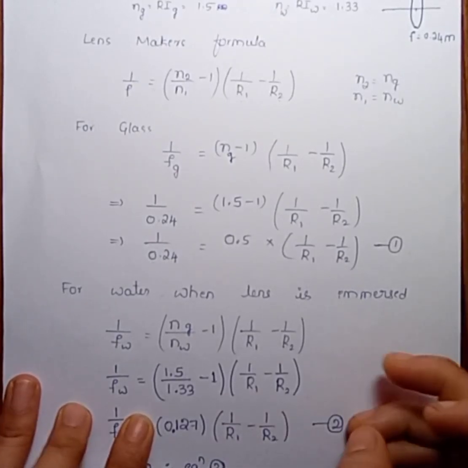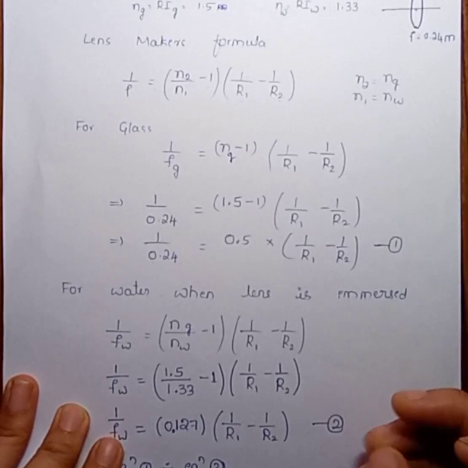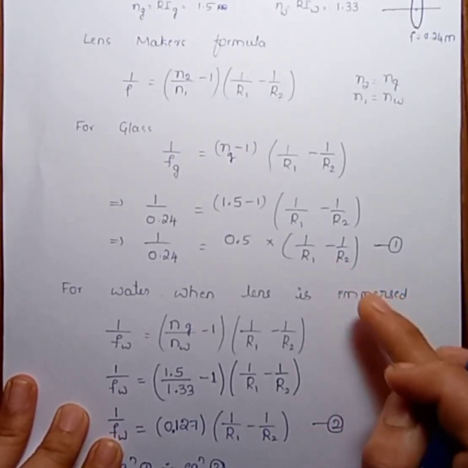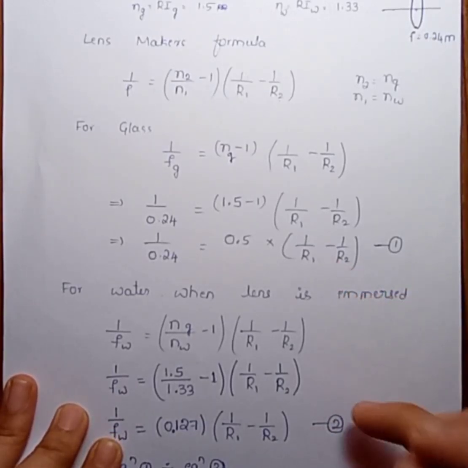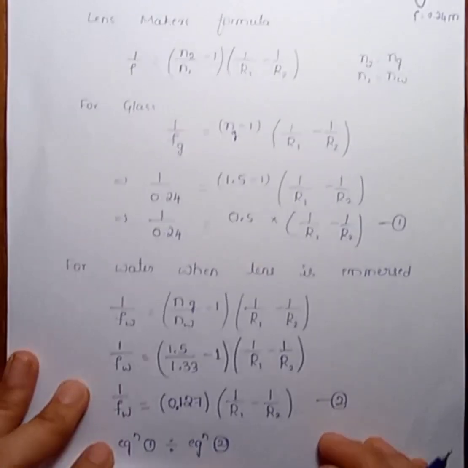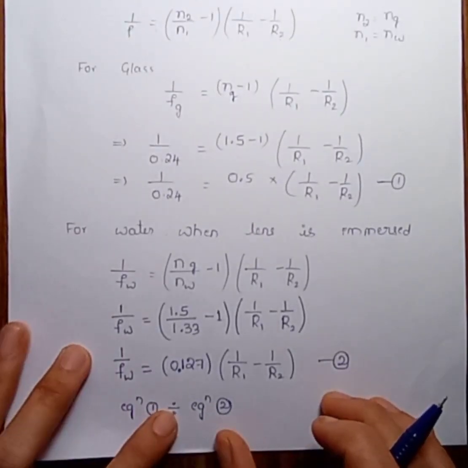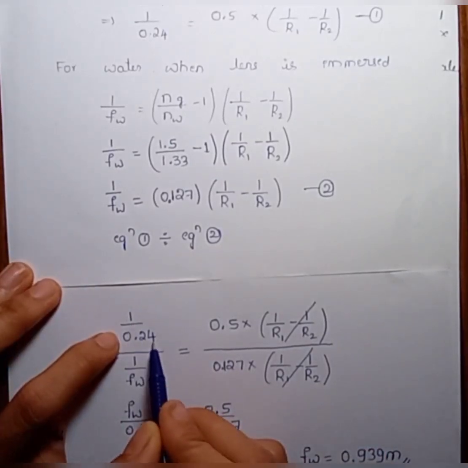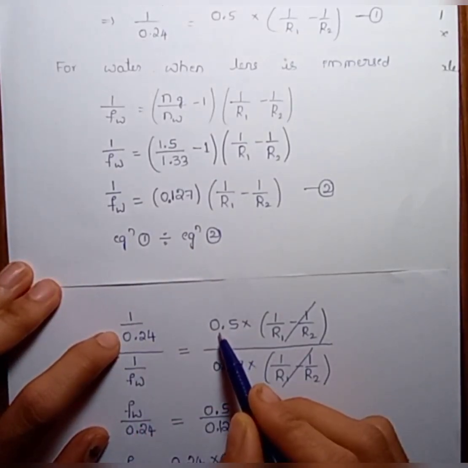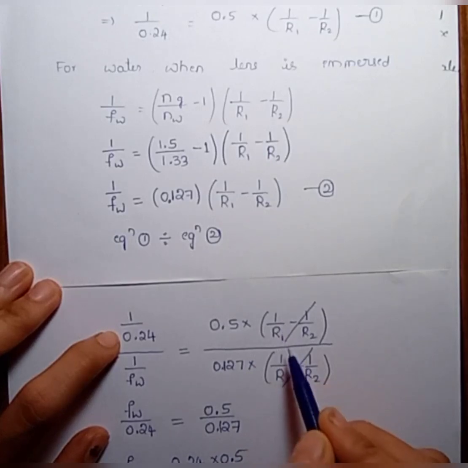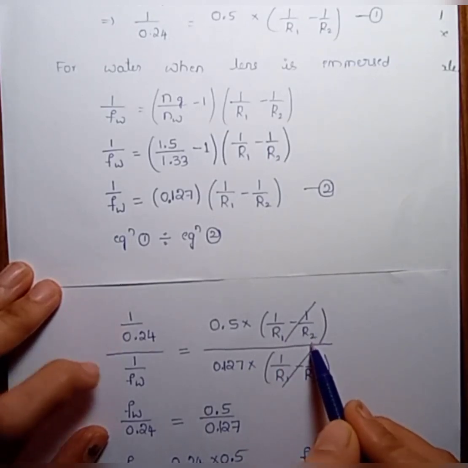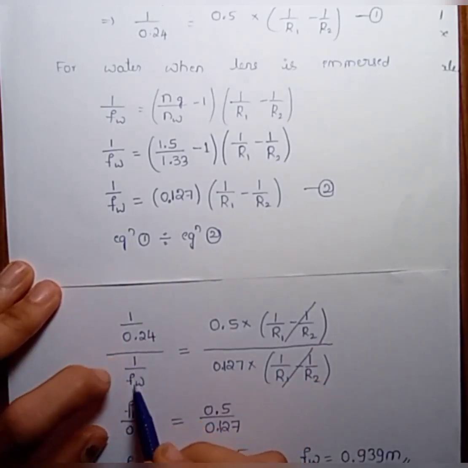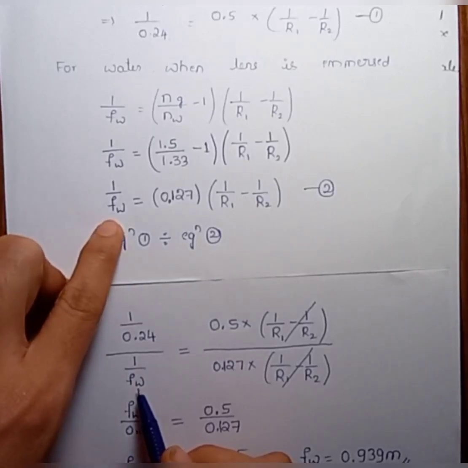Now we have one unknown quantity, and 1 by r1 minus 1 by r2 is common in both the equations. Now what can we take? Equation 1 divided by equation 2. Equation 1 is 1 divided by 0.24 is equal to, on the right hand side it becomes 0.5 into 1 divided by R1 minus 1 divided by R2, whole divided by 1 divided by FW, that is equation 2.